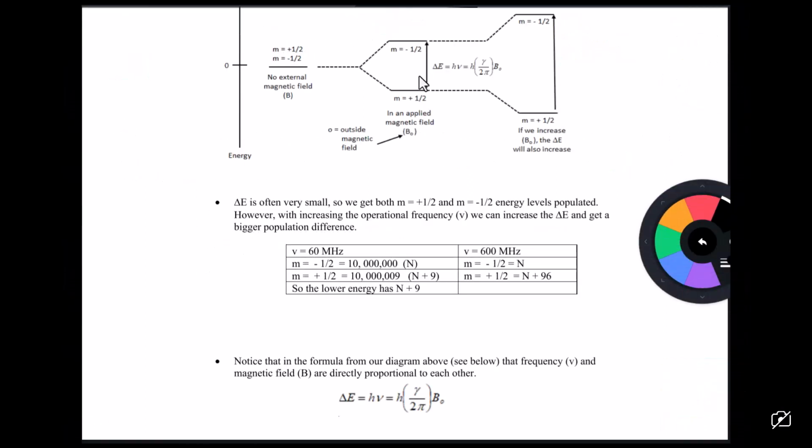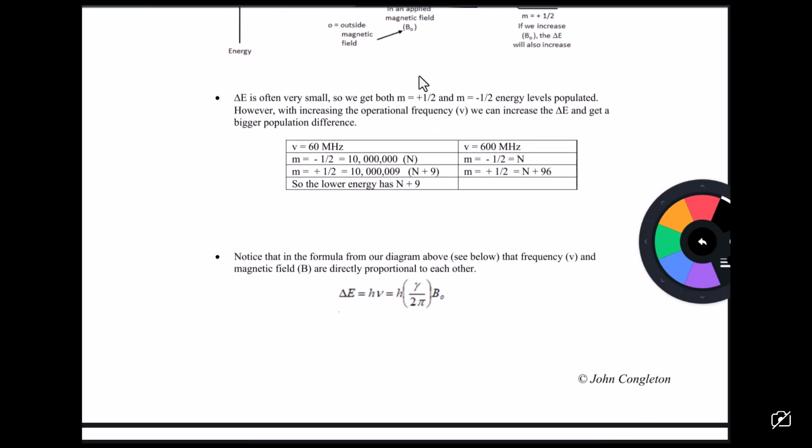The other thing I wanted to point out here is the relationship between our frequency and our magnetic field. There's a direct relationship there, and this is an important relationship that we're going to see a little bit later on when we talk about magnetic field strength and how it relates to frequency.